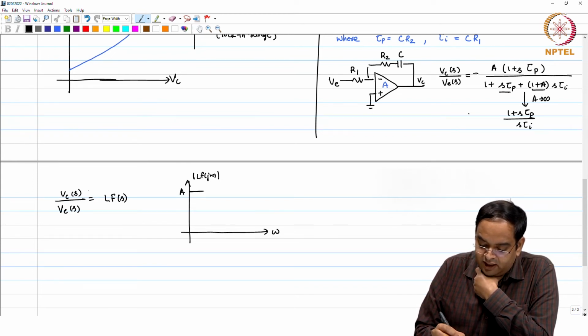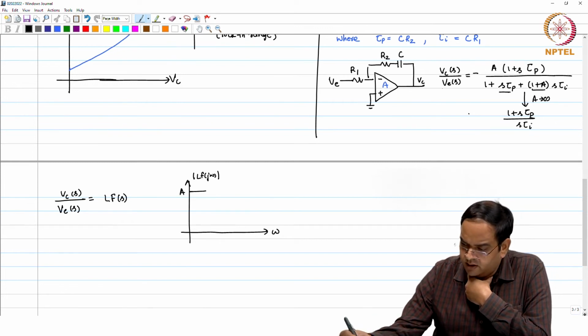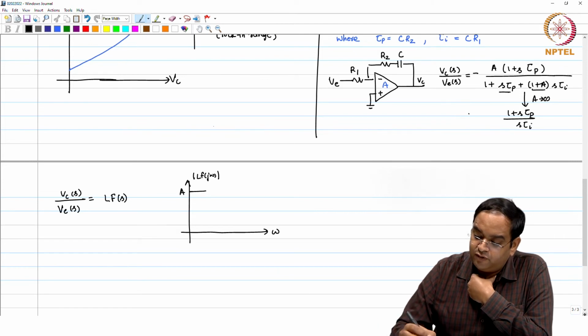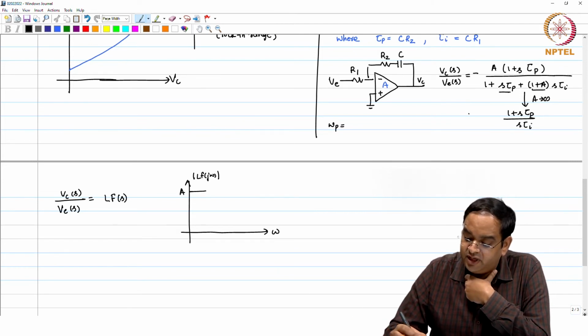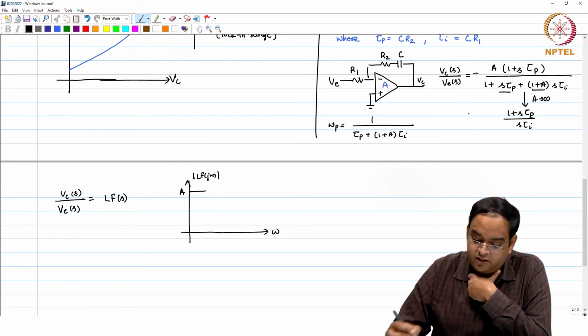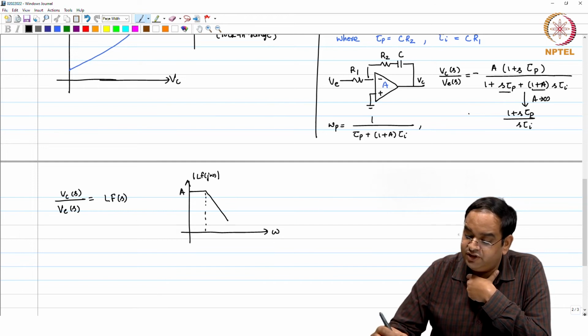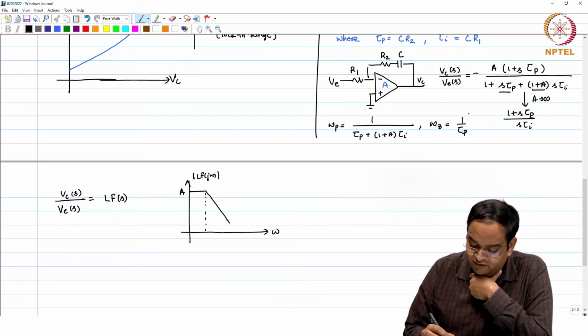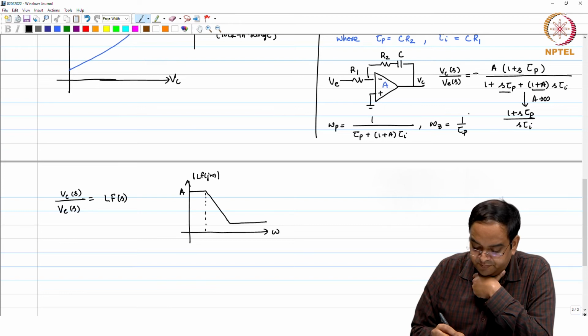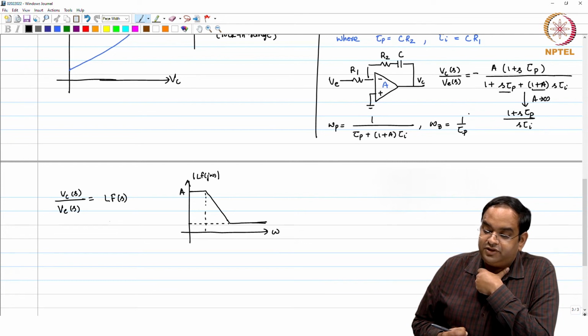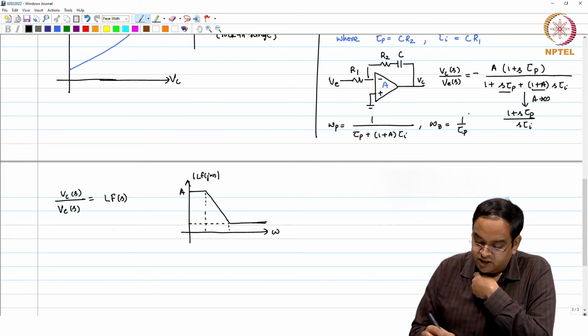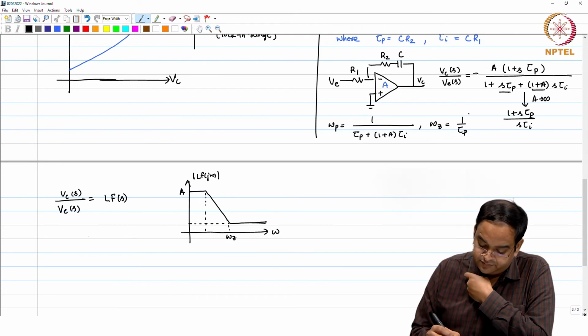Then it has a pole at 1 divided by tau p plus 1 over A tau I. So, you will have a pole here, and then you have a 0, and the 0 happens to be at 1 over tau p, which is going to be much farther away, and after the 0 it will be flat. So, after the 0 location, you will see a flat response.